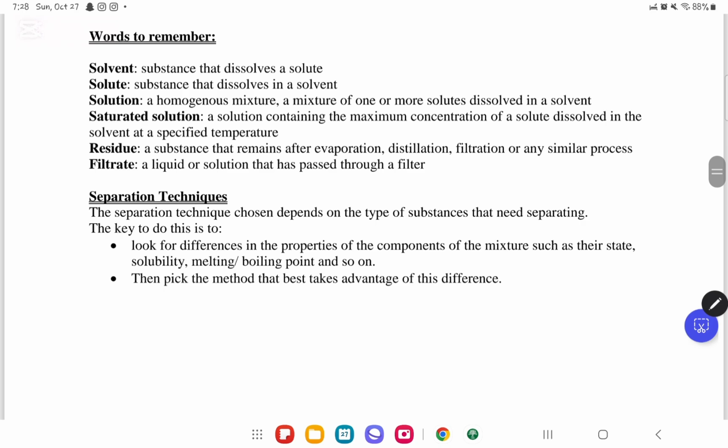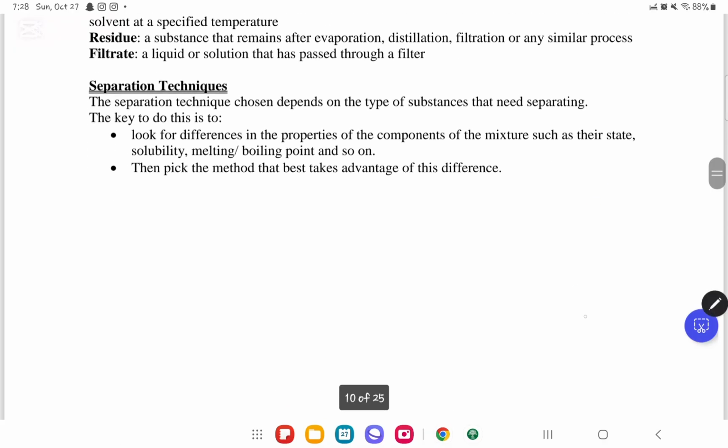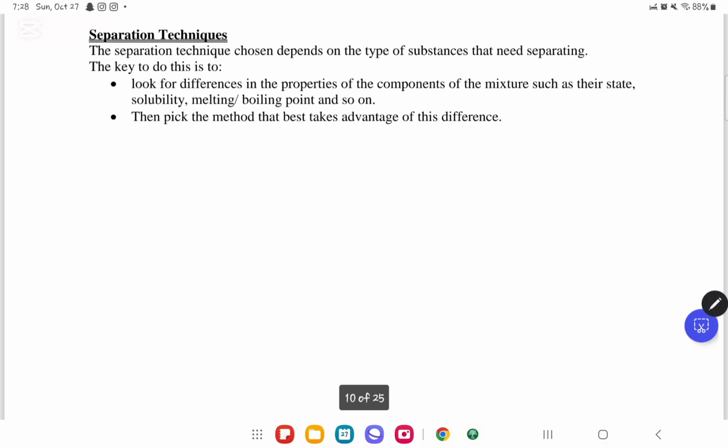Now, filtrate, on the other hand, when you're doing filtration, you're going to have residue at the top, which is the solid, and then the filtrate is the liquid or the solution that passes through the filter paper.